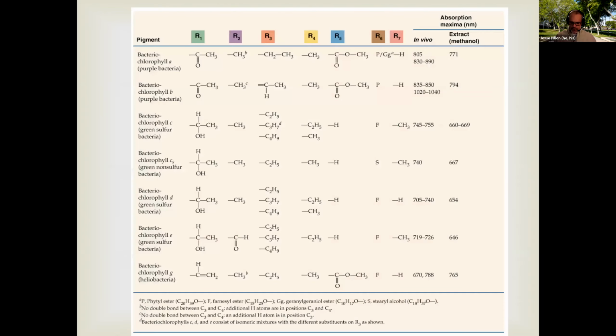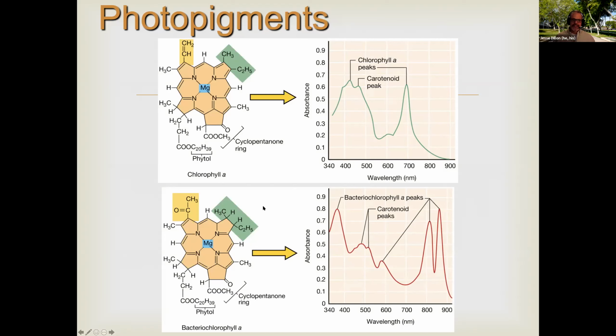The reason they absorb these different wavelengths is it all comes down to the molecule. And essentially what's different here is this side chain, right? So as you remember from chemistry, all you have to do is start monkeying around with some different moieties on a complex chemical, and they can do different things. So you get some differences in these different side chains, but particularly it's this yellow one.